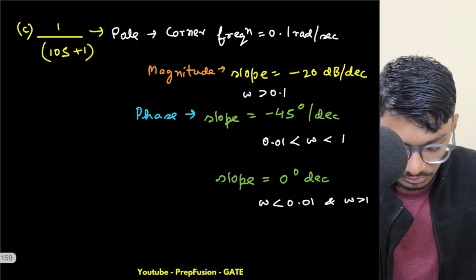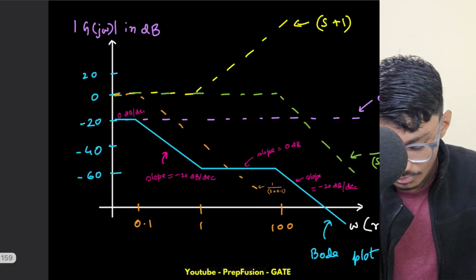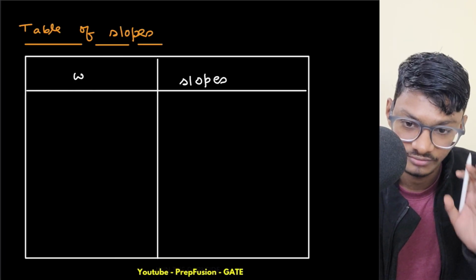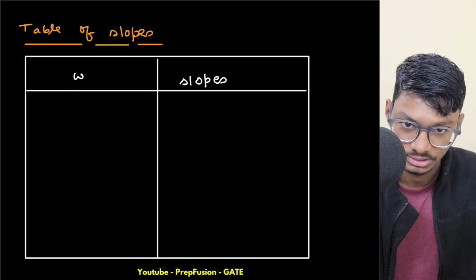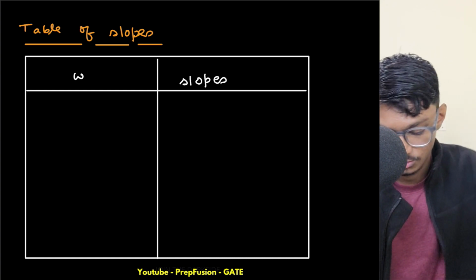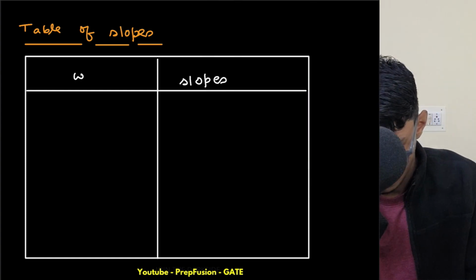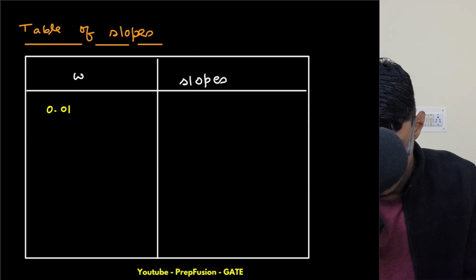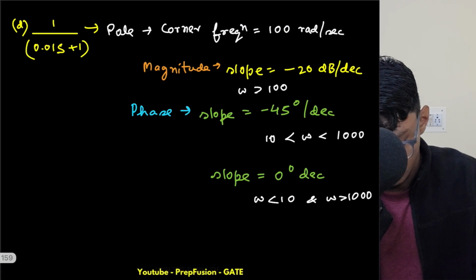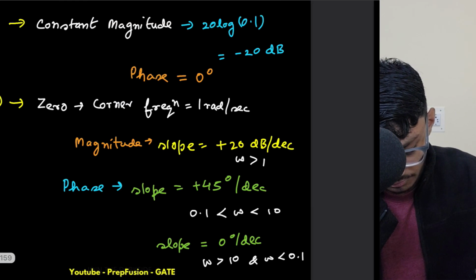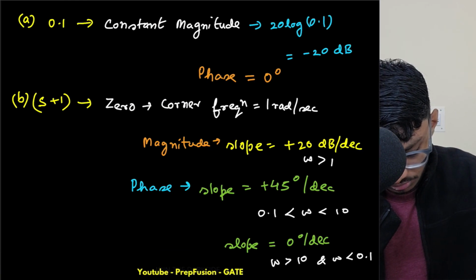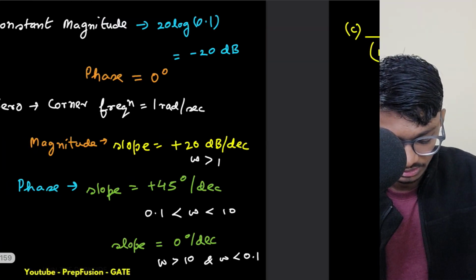So what is the minimum here? 0.001. When you are plotting the Bode phase plot, I recommend you plot like what I am doing here. Here I have 0.01, that is a minimum. Then if I go from the minimum 0.01 to the next minimum, these two are overlapping, right?